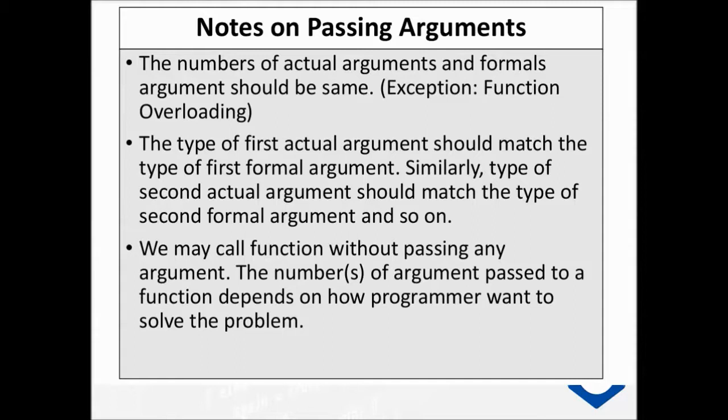Similarly, the type of the second actual parameter should match the type of the second formal parameter, and so on. We may call a function without passing any arguments. The number of arguments or parameters passed to a function depends on how the programmer wants to solve the problem.